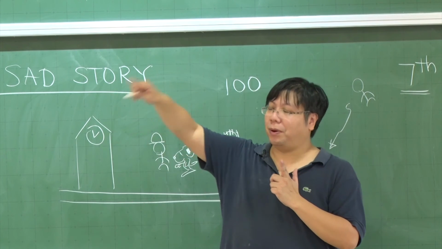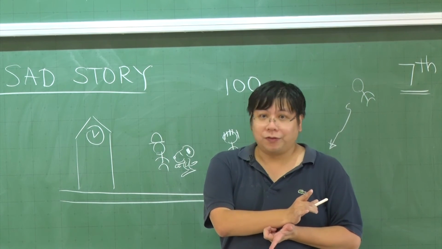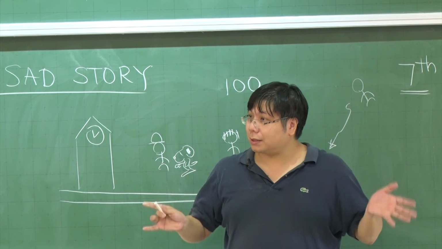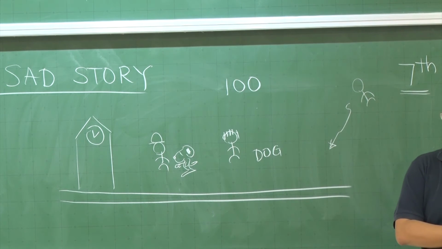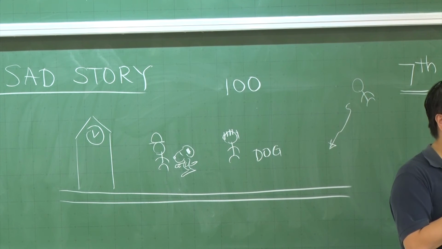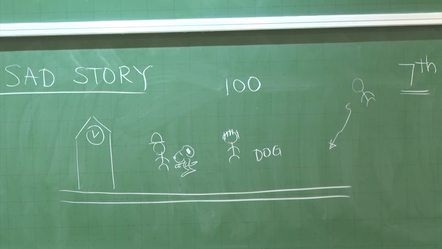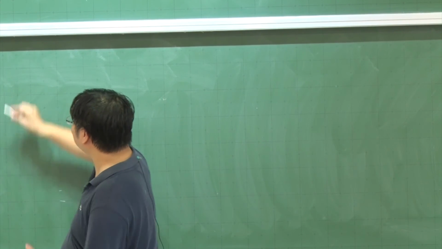Because none of these people are sure that their dogs are sick on the first 6 days. But on the 7th day, they are sure. Because this is the only reason why there are no people killing their dogs on the first 6 days, and it has to be their own dog is sick. Is that okay? Good.